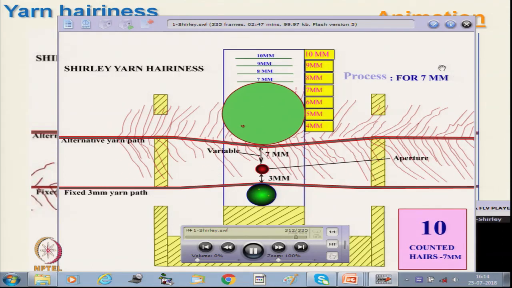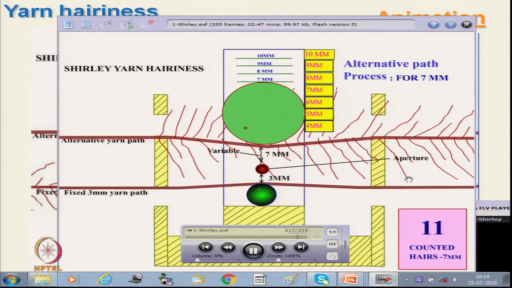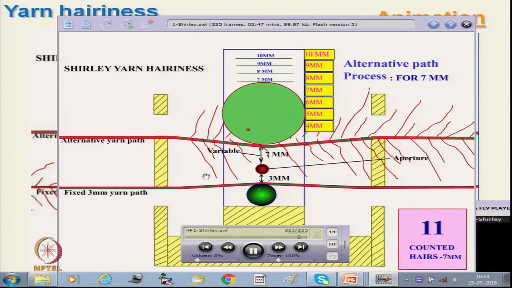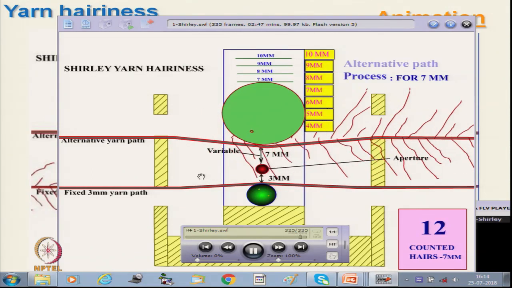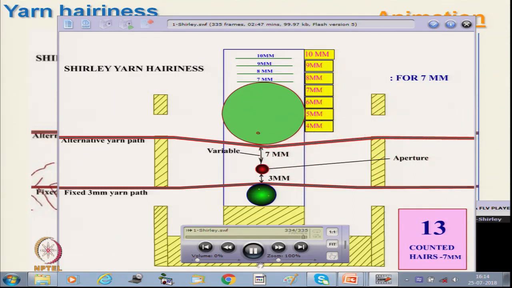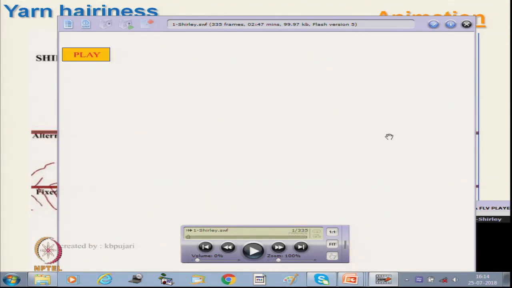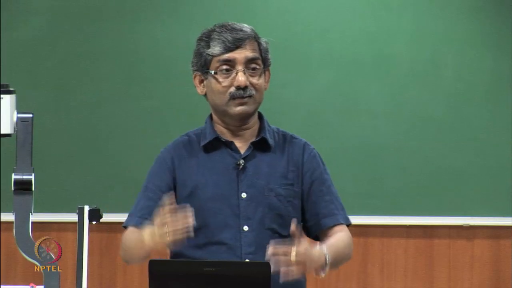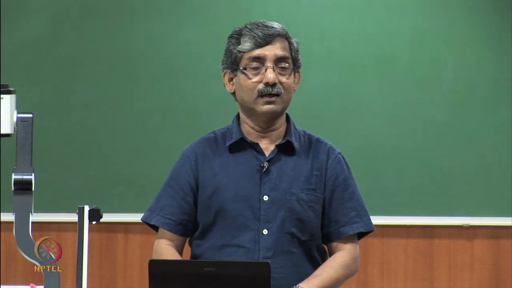Okay. So, at 7 millimeter it is giving 11, 12, 13. Okay. Now, that is the end of this. So, we can test at other settings, 6 millimeter, 5 millimeter, 4 millimeter, and in that way we will get the result.